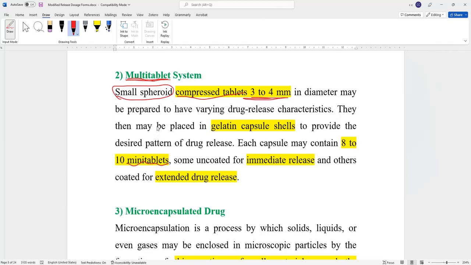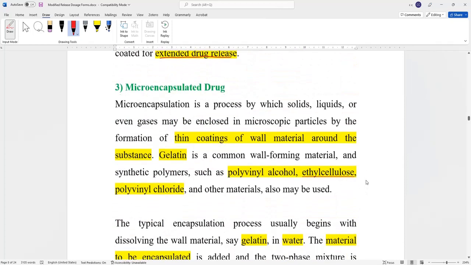Some of them will not be coated, some of them will be coated lightly, some of them will be coated more. And then you fill about 8 to 10 of these mini tablets into a gelatin capsule, so that those uncoated mini tablets will provide immediate release, while the others will provide extended release for the drug. Okay?